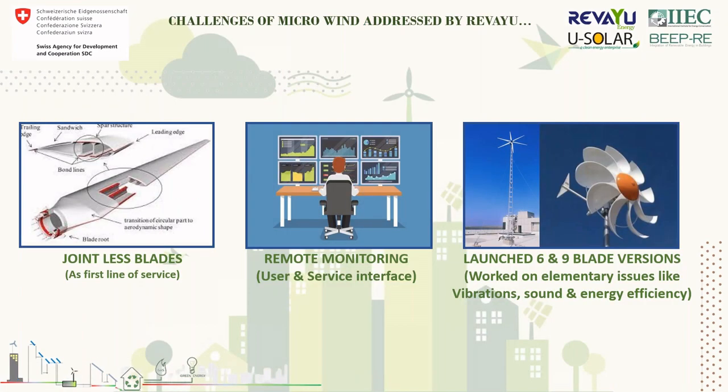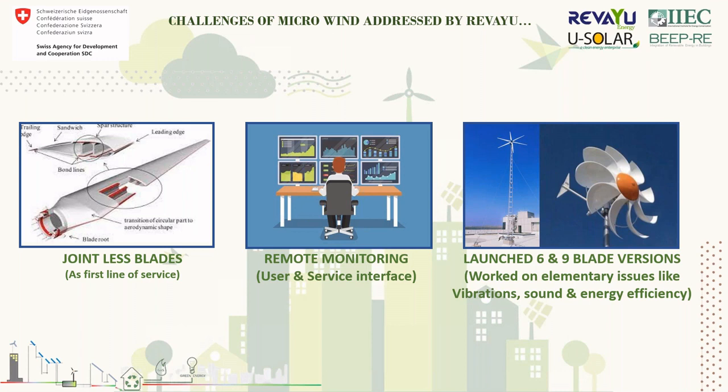So how do we overcome those challenges which we just mentioned on the previous page? Jointless blades. Earlier, blades used to have joints. If they have joints, they will wear off, and there will be added vibrations with the wear and tear.